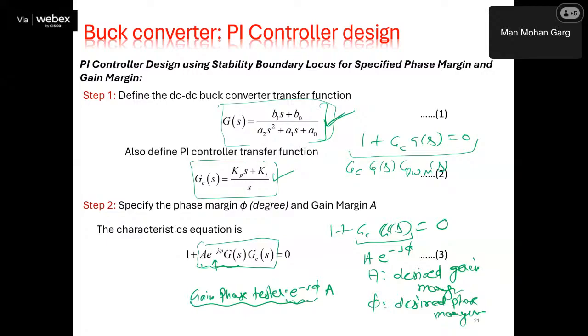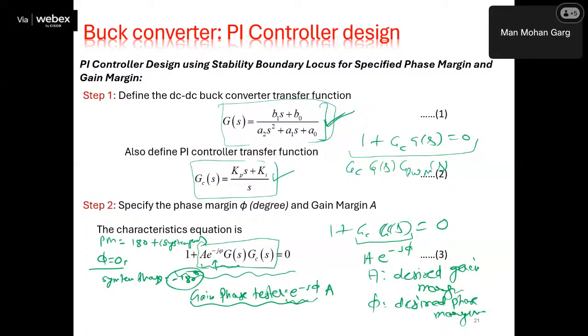The system phase is the line which this phase plot should cross.